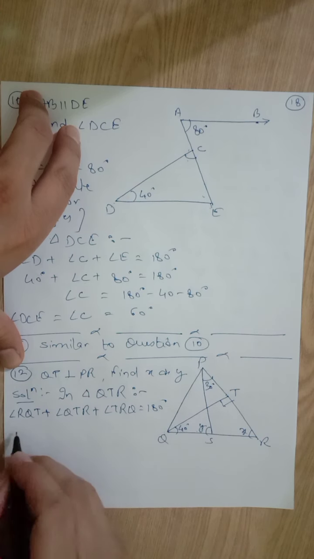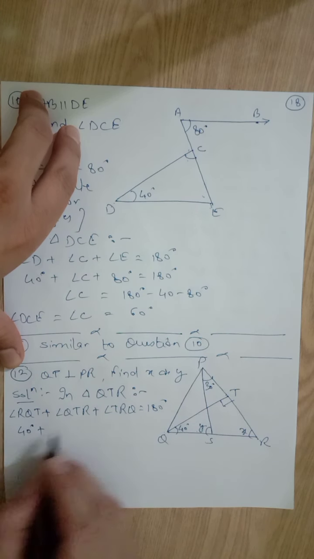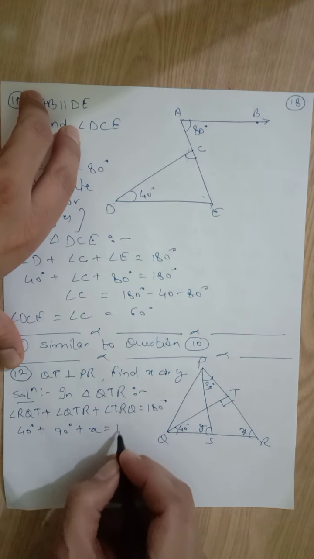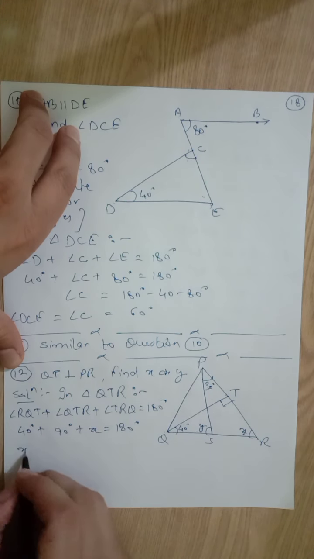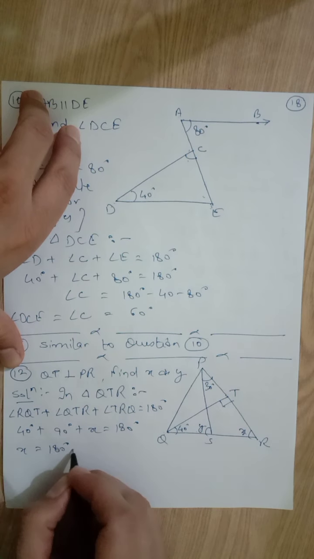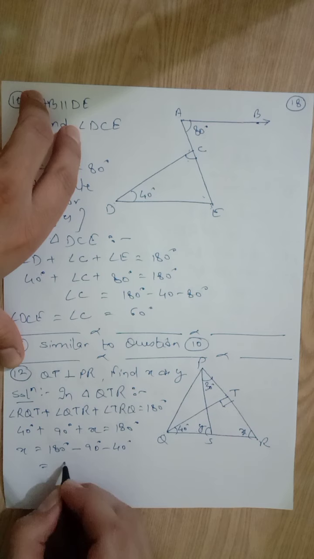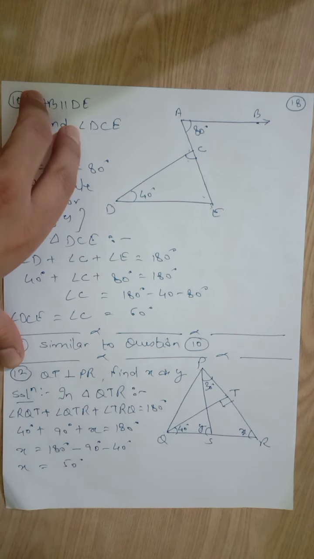We'll put the values here. This angle was 40 degrees, this angle was 90 degrees, and this is X. So X will be equal to 180 degrees minus 90 degrees minus 40 degrees, which means 50 degrees.